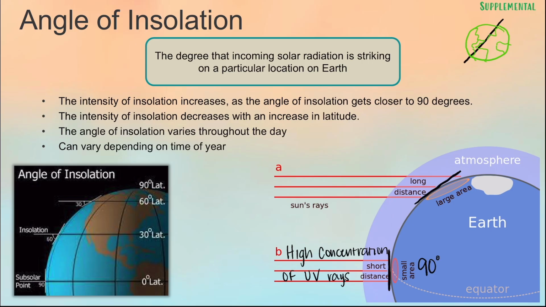So what this means is that we have a lot of solar radiation that is being spread over a much larger distance. And so that is going to reduce the amount of UV radiation that is hitting that area, or the amount of UV radiation that is reaching the surface, I should say. So we are going to have lower concentration of UV rays.